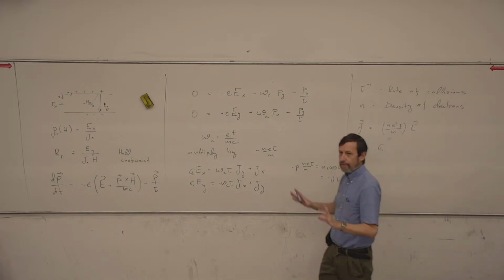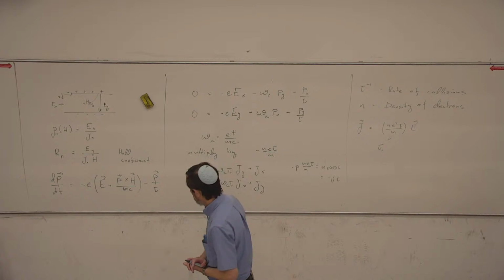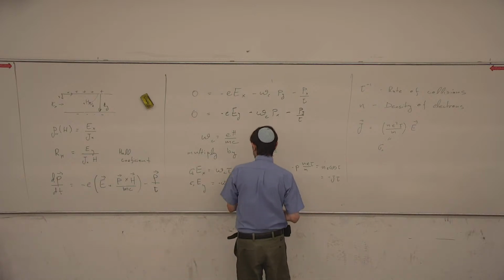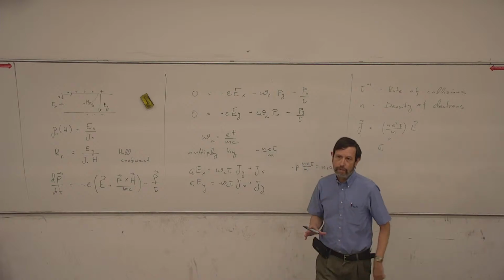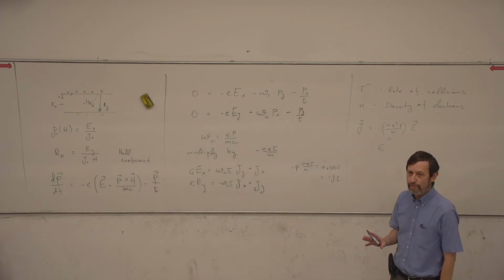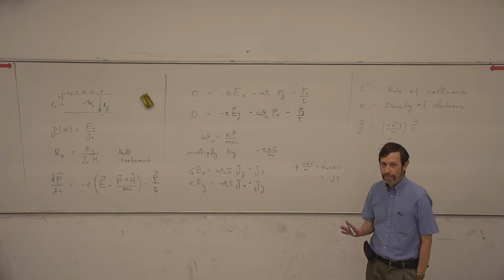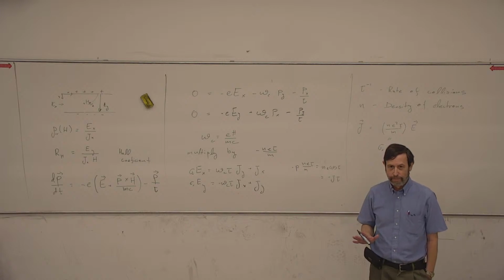I still haven't touched upon the Hall coefficient. In order to touch upon the Hall coefficient, I need another insight into the system. It's a trivial but important insight. What is the current density in the y direction? Zero.